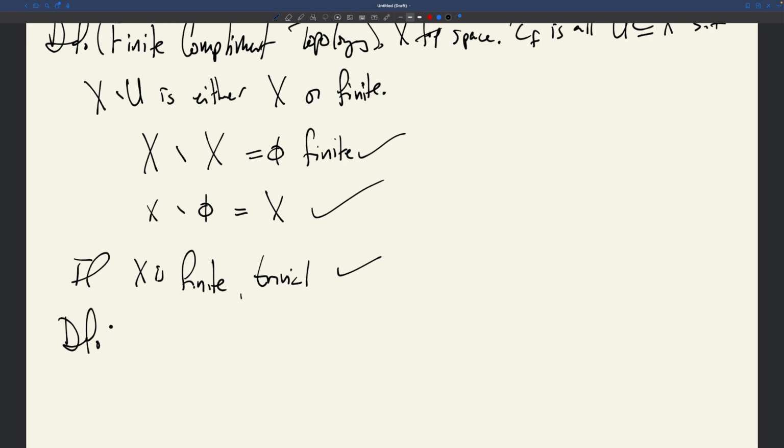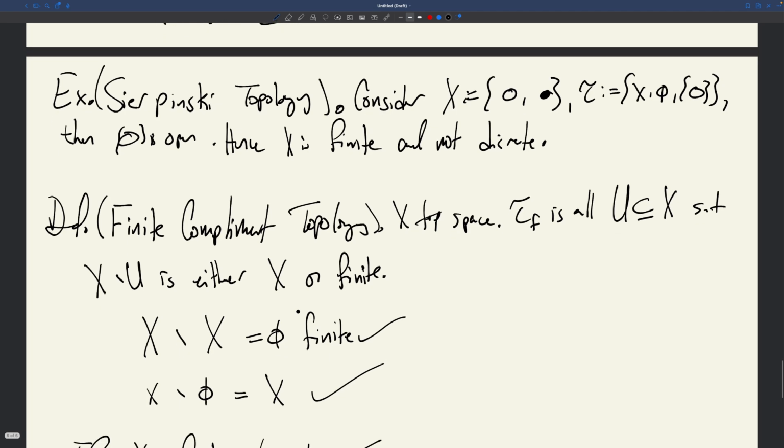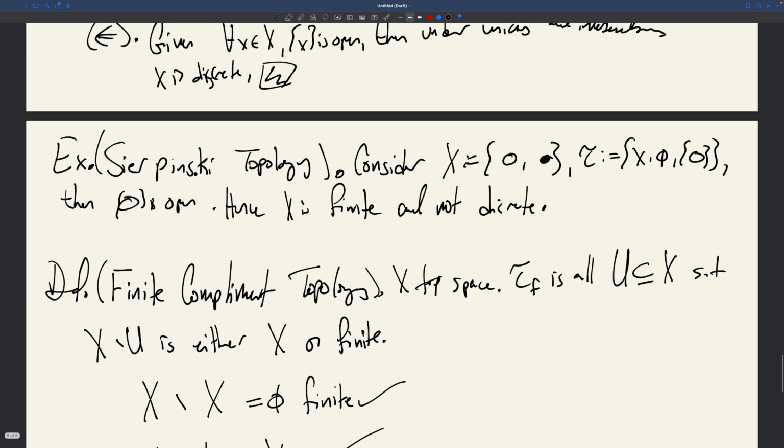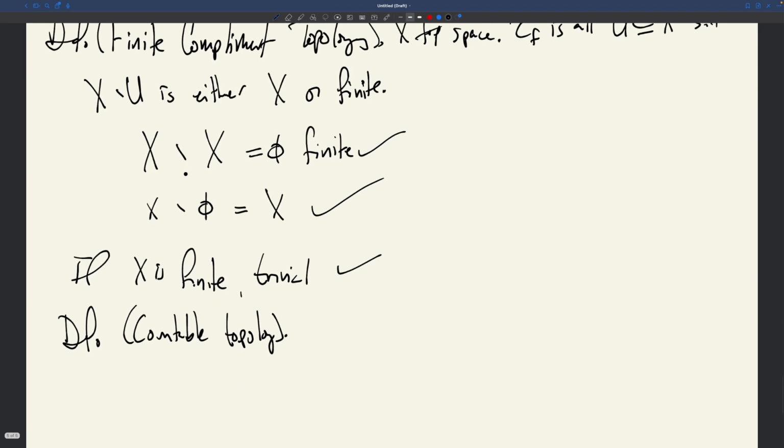And likewise, we also have something called a countable topology, which is another example. These two are not given the same name as Sierpinski's topology, but we're going to denote this as T of C, such that X set minus U is countable.